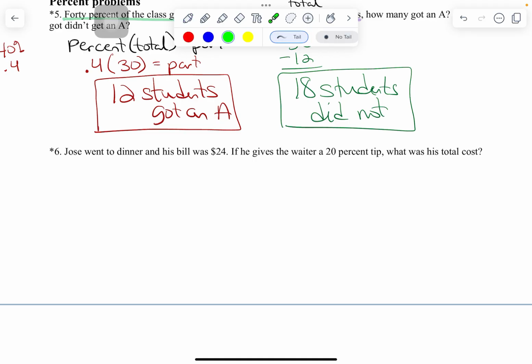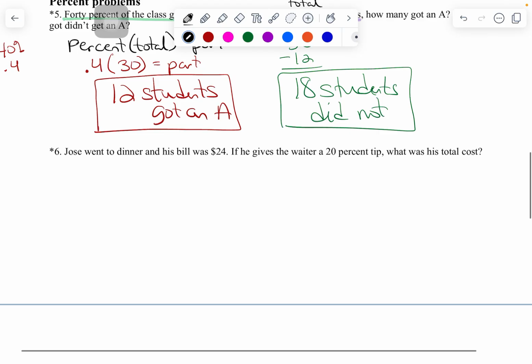All right, so Jose went to dinner and his bill was $24. So let's see. He gives the waiter a 20% tip. What was his total cost? Okay, so this one is a little bit different, but I'm going to do it one of two ways. So let's see. I think I like this way.